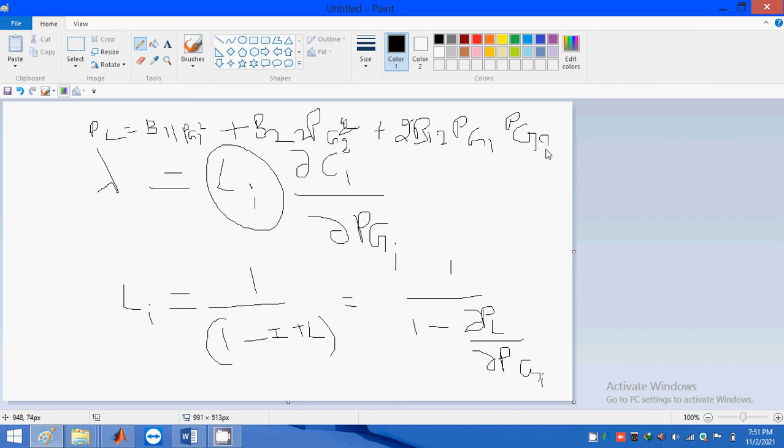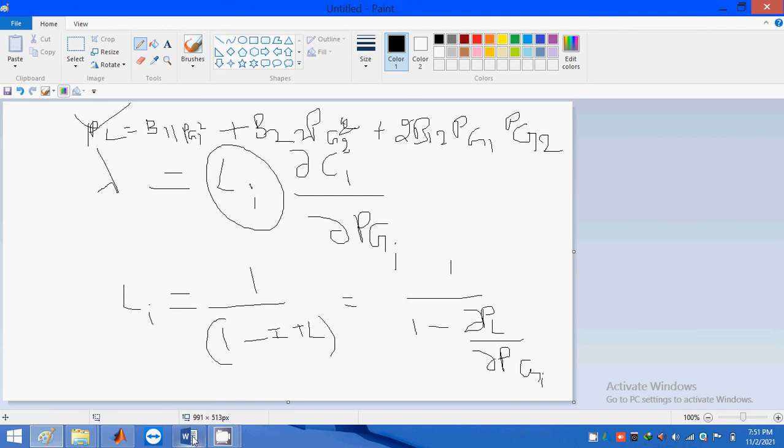This is the formula for the power loss. When performing theoretical analysis, this is the formula for the total transmission line losses. In a similar way we need to find the penalty factor.